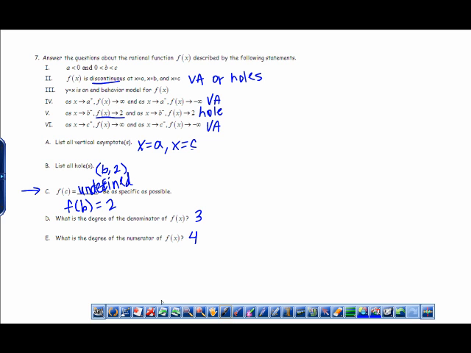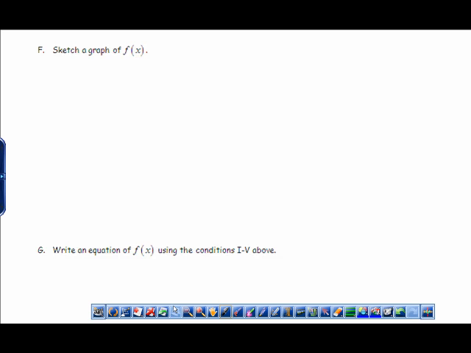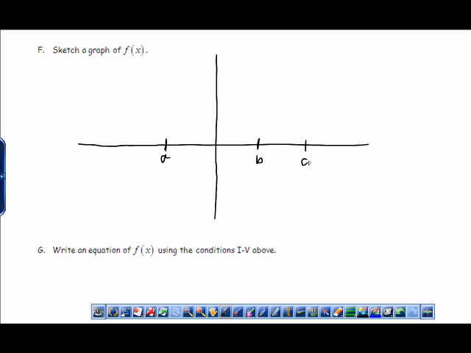All right. Now we're going to take all this information and we're going to put it on a graph. Now, we don't have numbers, but we do know that A is over here, and then B and C. Okay, I also know that there is a point at 2. All right, so let's think about this.